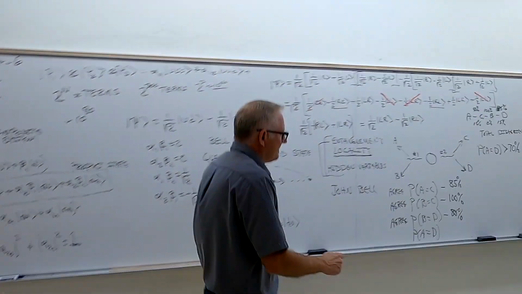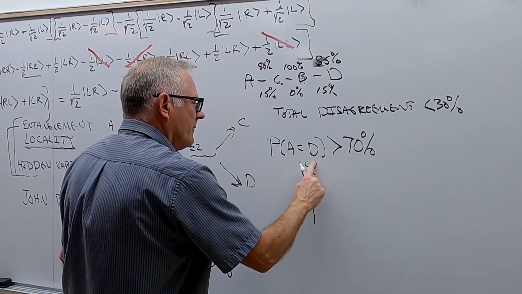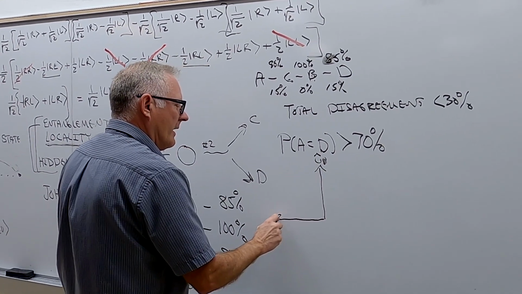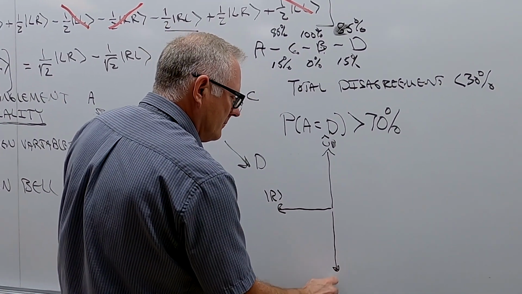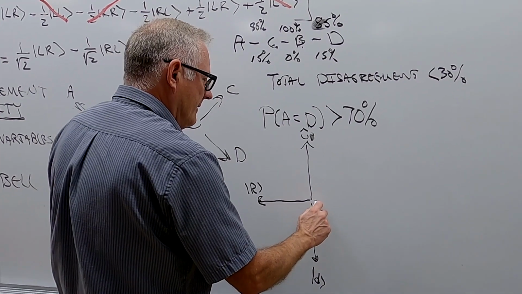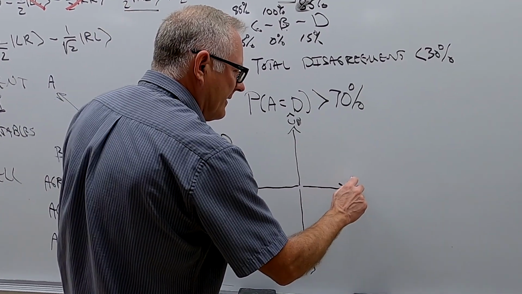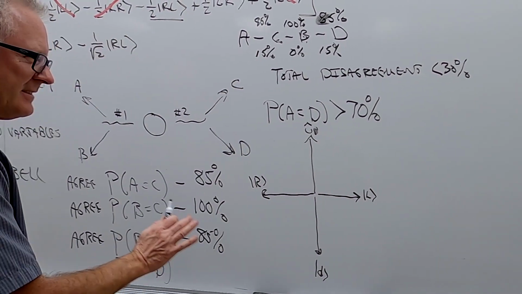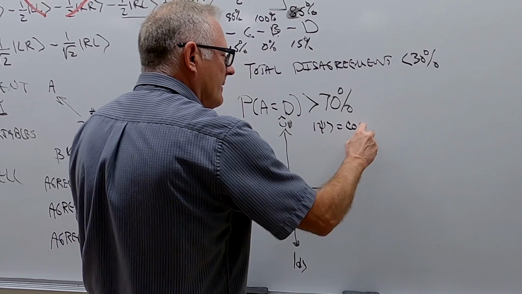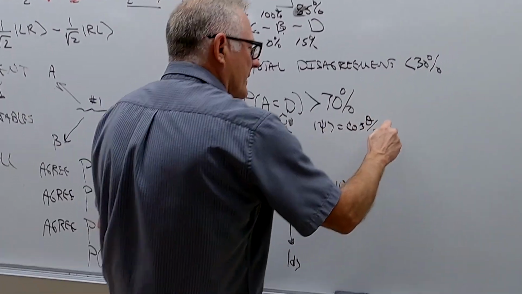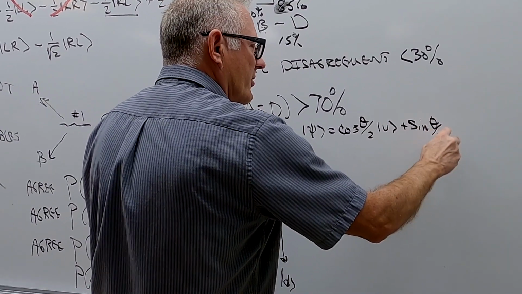We've got up, right, down, and left. In and out is this way, but we don't care about in and out. And we already know that on this plane phi is always 0, so psi is equal to cosine theta over 2 in the up plus sine theta over 2 in the down.